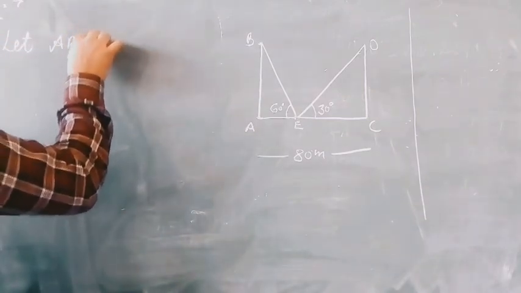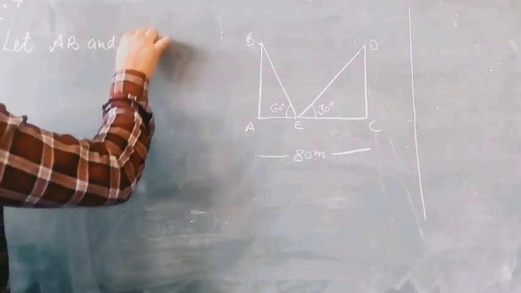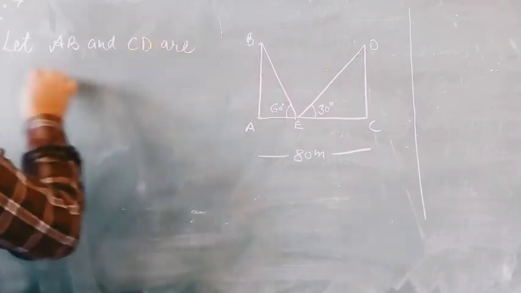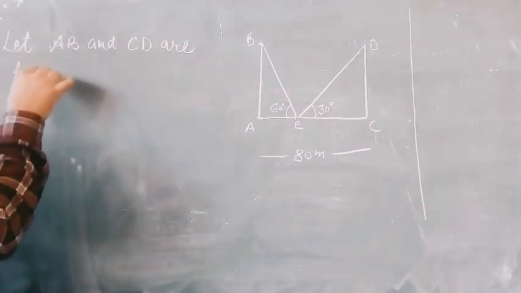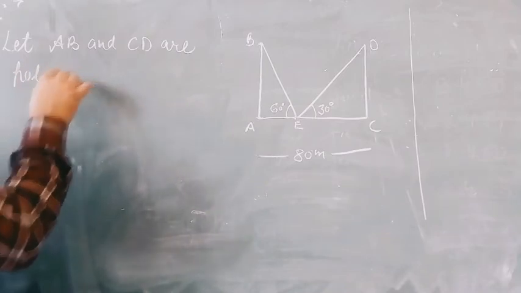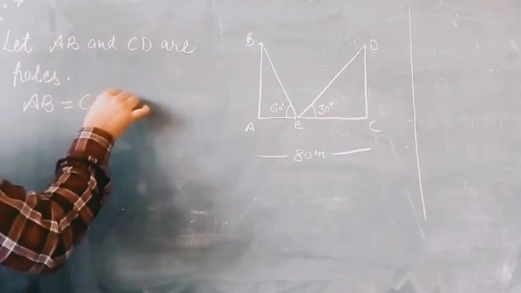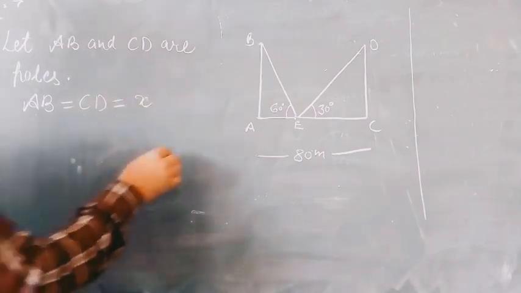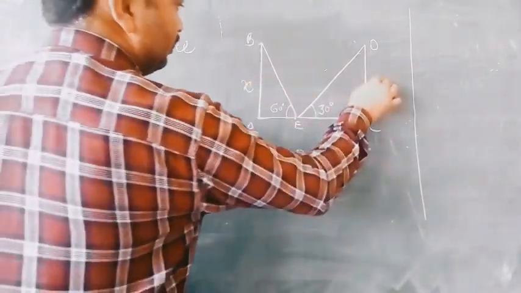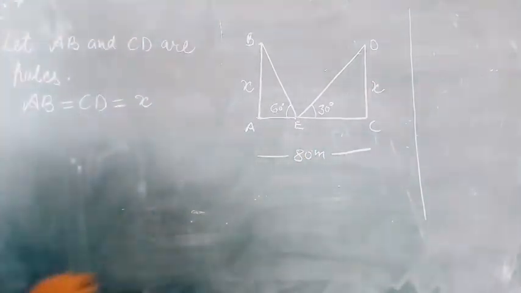Let us first of all define our assumptions. So let AB and CD are the poles, and we are given that they are equal. So AB equals CD, and let us suppose them equal to x.